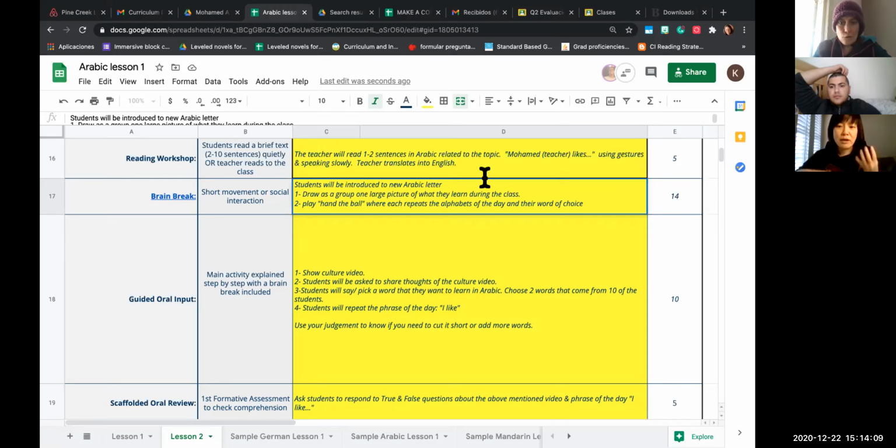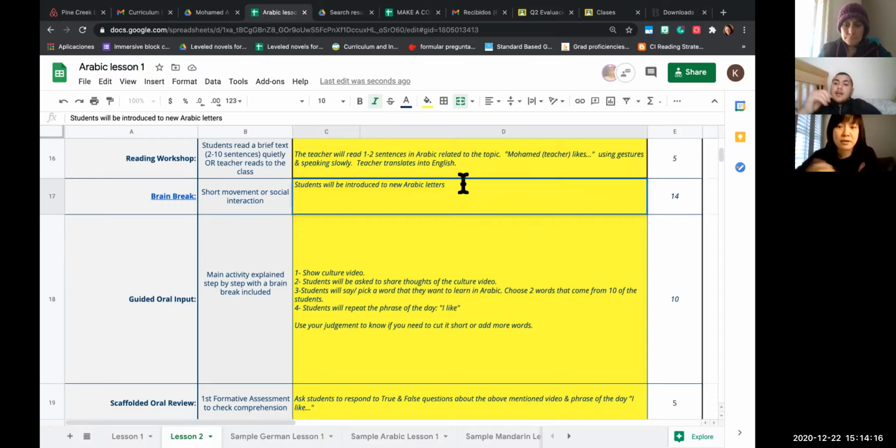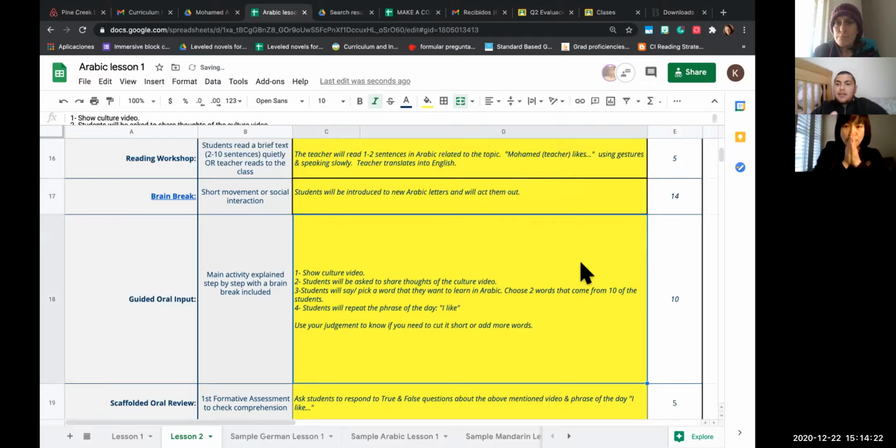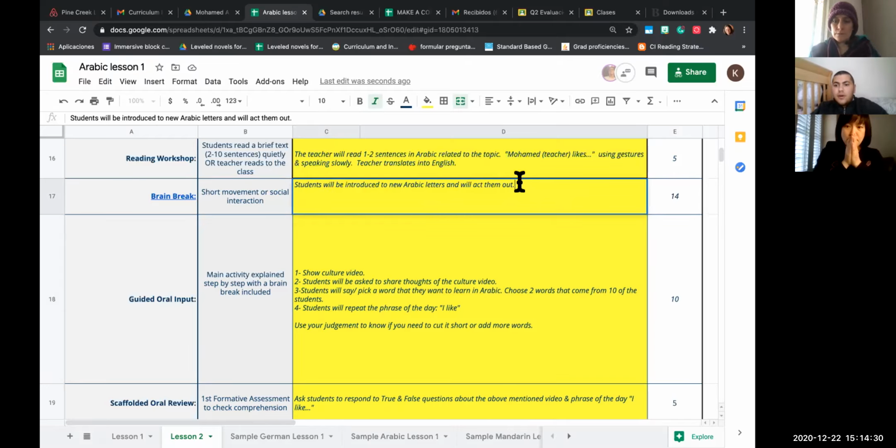Gradually they'll start to read and memorize, maybe by week 6. This will be too long, Kristen. Keep everything back as it is and just say students will be introduced to new Arabic letters and one of the following, like the 2 choices we had before.